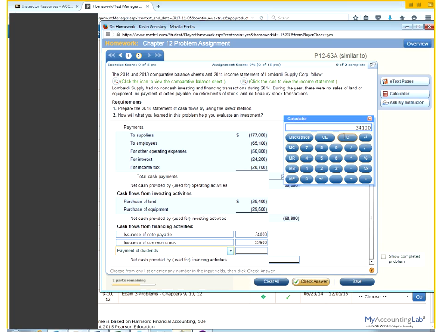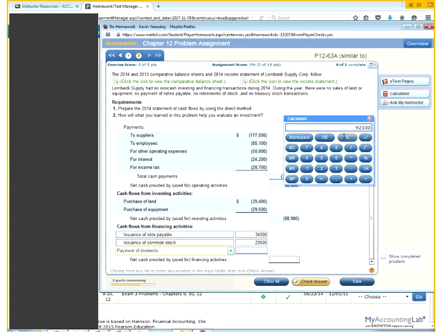Add in your net income for the year, which is 58,000. And then you can get a total here. That's saying if I didn't spend any money on dividends, my retained earnings should be 92,100. Obviously it's not. I've spent some money on dividends.